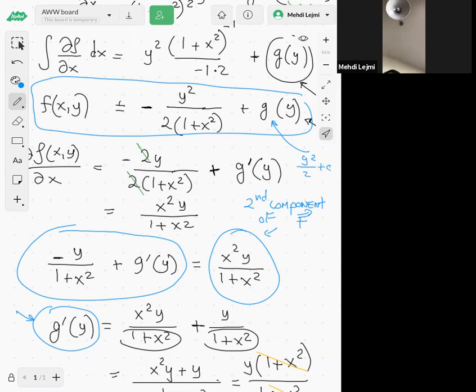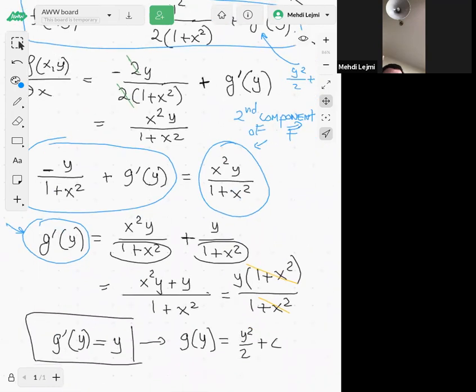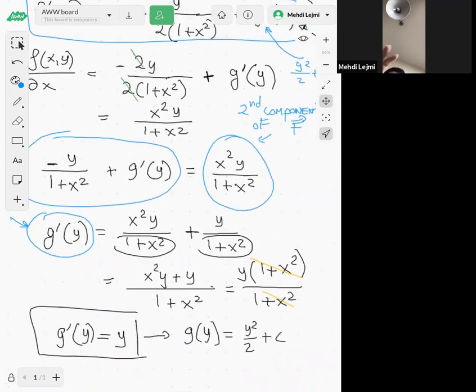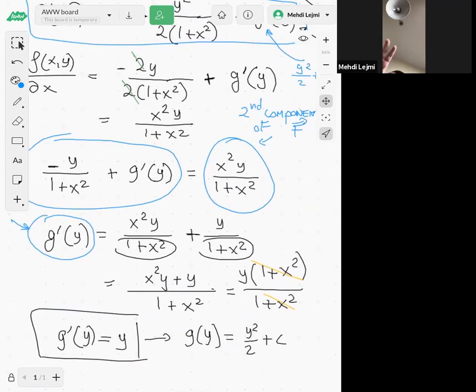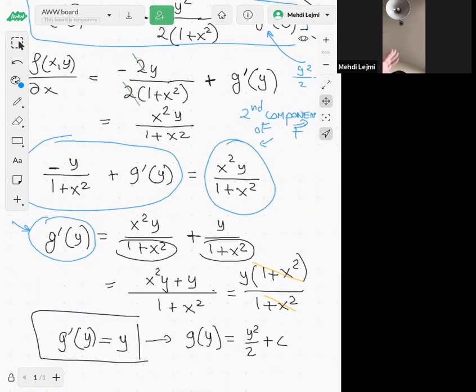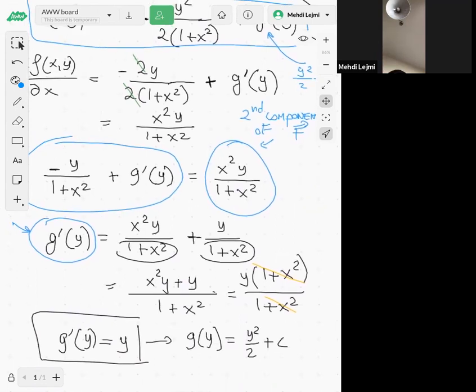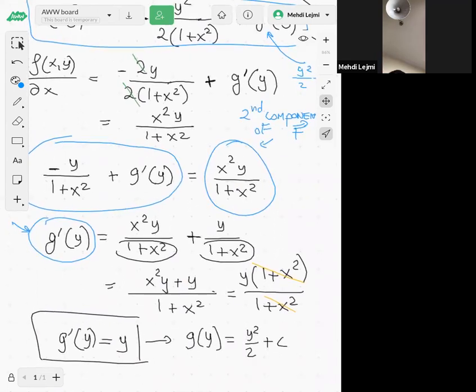You see how it works? Again, your function g must be a function only of y. If there's an x in the g of y or g prime of y, then it's not correct. It's a mistake somewhere, or it's not conservative.